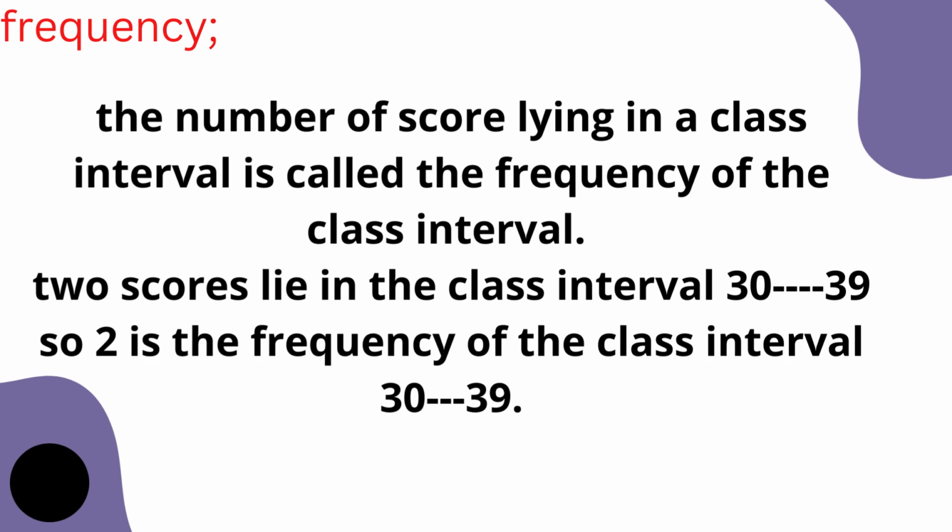Now the frequency: the number of scores lying in a class interval is called the frequency of the class interval. Two scores lie in the class interval from 30 to 39, so 2 is the frequency of the class interval.